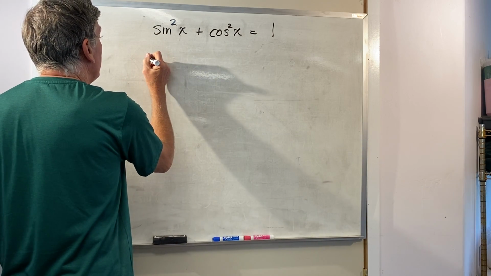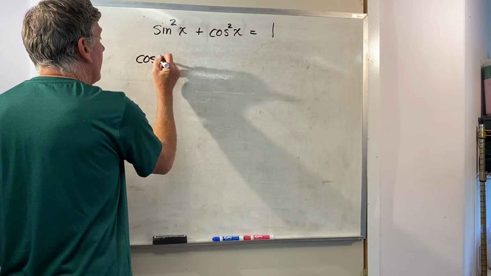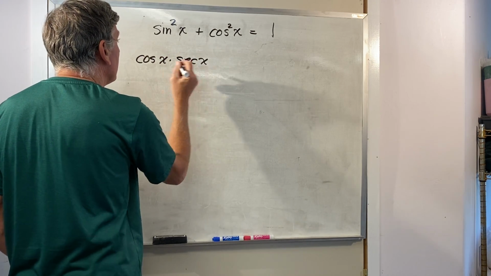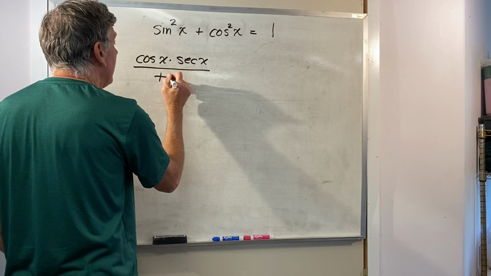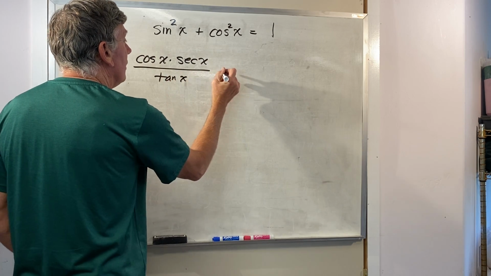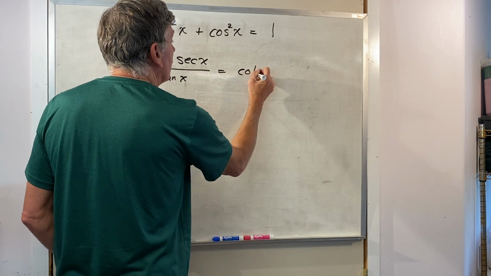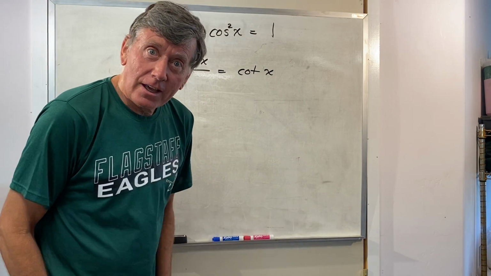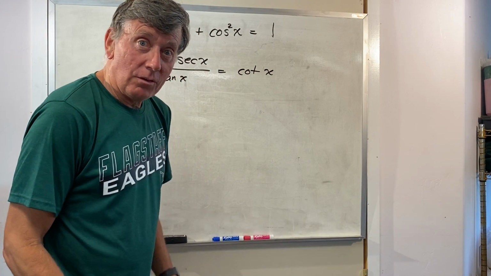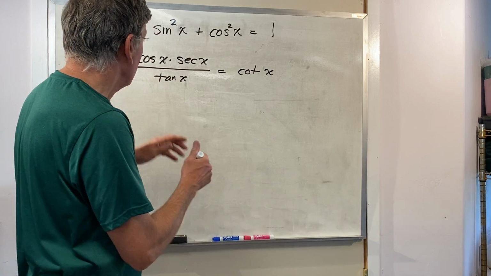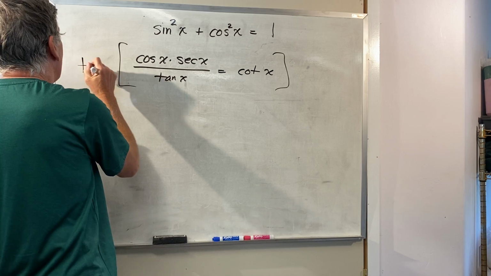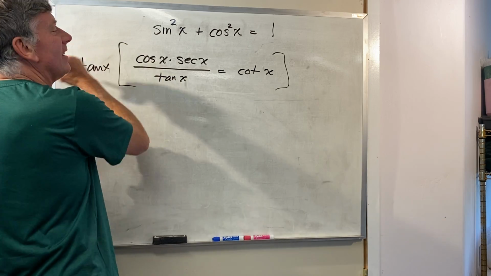We want to prove that the cosine of x times the secant of x over the tangent of x is equal to the cotangent of x. Now the last thing I want to do with an identity is treat this as an equation and multiply through by the tangent of x.